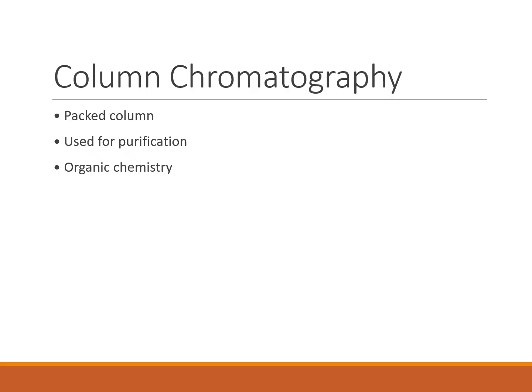Now we will discuss column chromatography. Column chromatography uses a packed column filled with stationary phase. Here the stationary phase is column shaped. As we discussed, in paper chromatography the paper is the stationary phase, and in TLC, thin layer chromatography, alumina or silica are used for the thin layer, which also act as stationary phases.